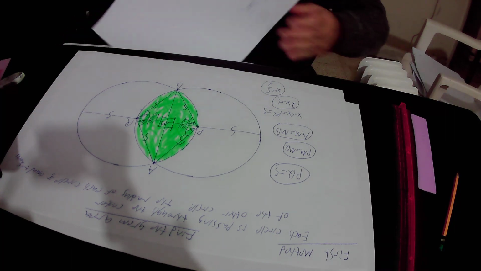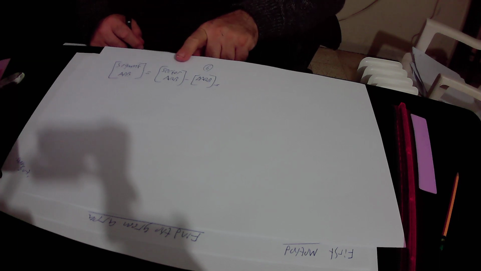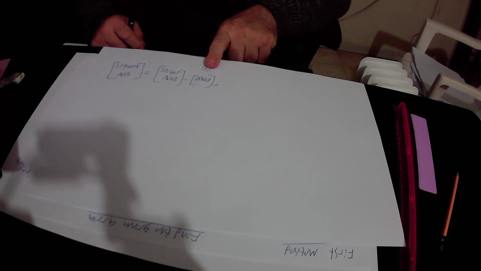And I repeat again, the area of segment APB equals the area of sector AQB minus the area of triangle AQB.